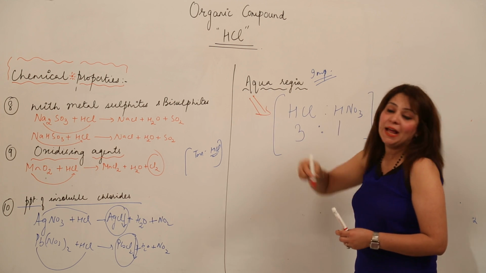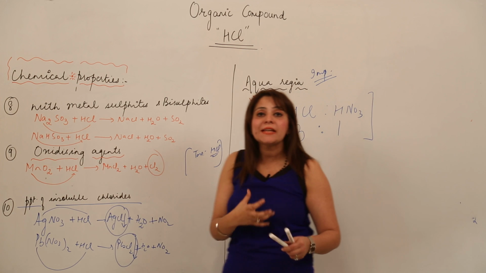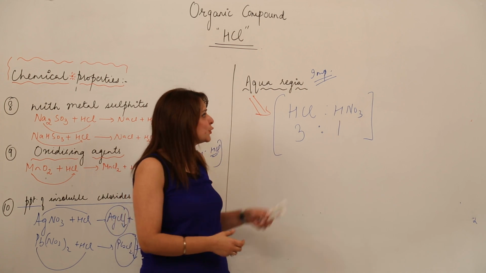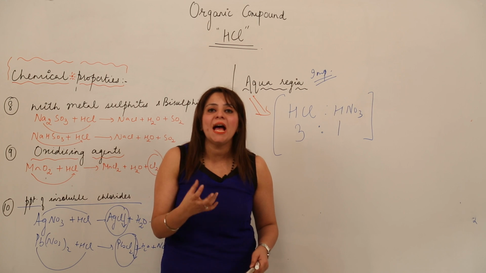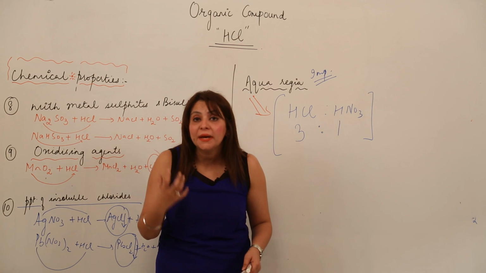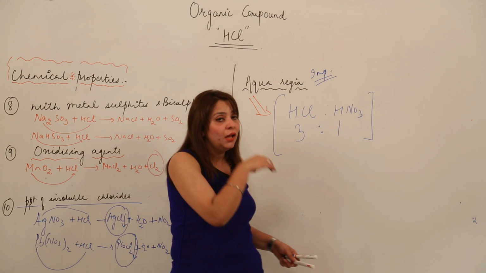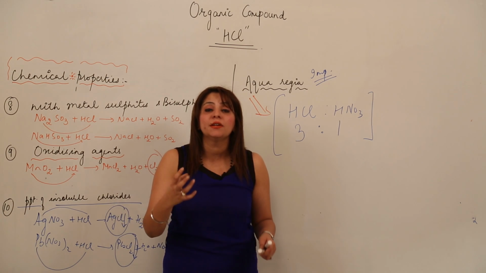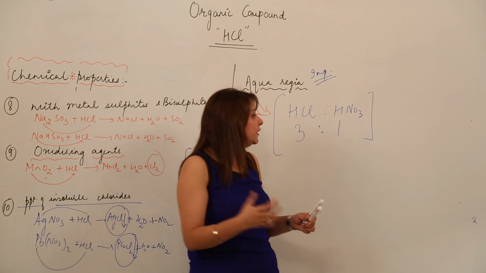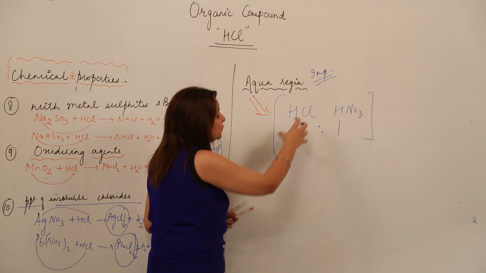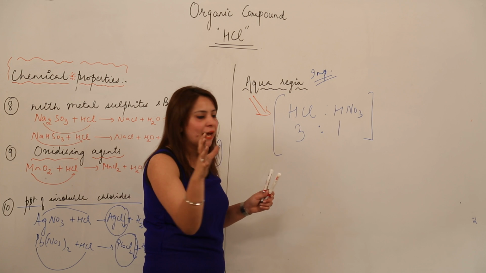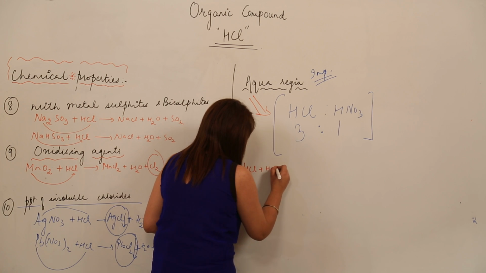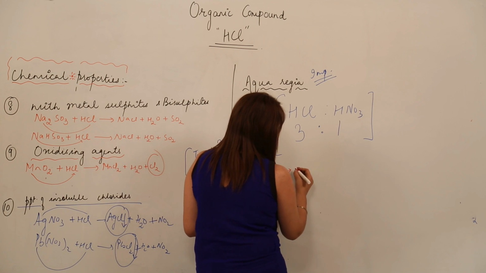Now the question is why we need this aqua regia, or what its purpose is. Aqua regia has the ability to dissolve noble metals. That means this solution can dissolve even those substances which are least reactive. So how do they dissolve? Just see, when we mix them, what do we get?